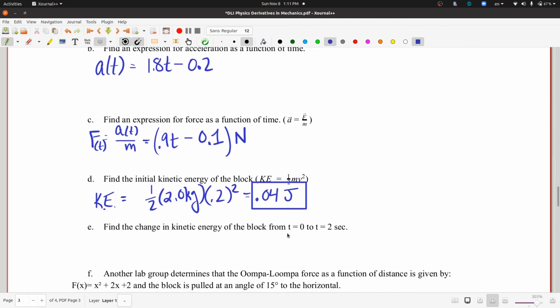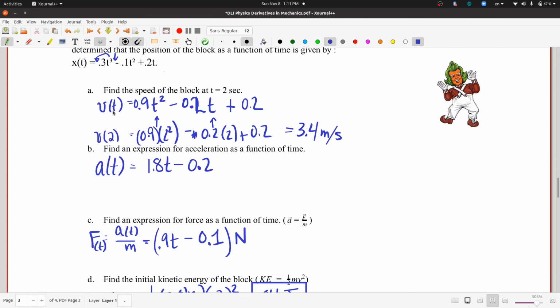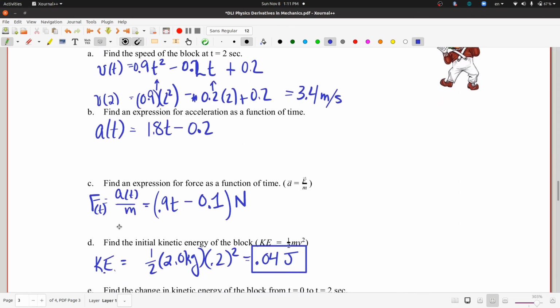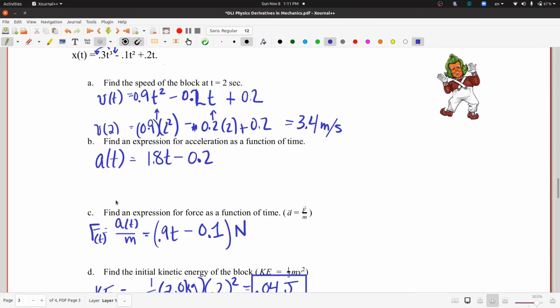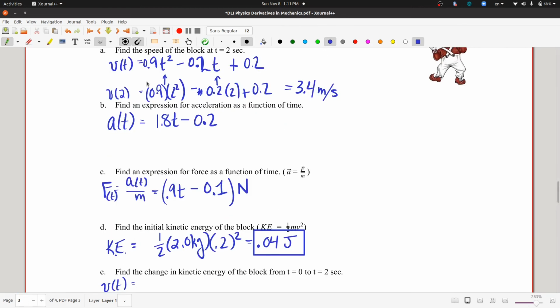Find the change in the kinetic energy of the block from t equals 0 to t equals 2. Well, we know the initial kinetic energy. Now we just need to know what is the velocity at t equals 2. V of t, remember, is given by this expression here in part A, 0.9 t squared minus 0.2 t plus 0.2.